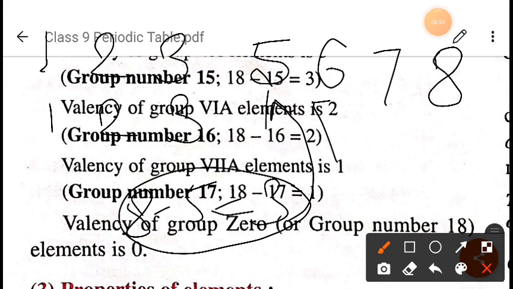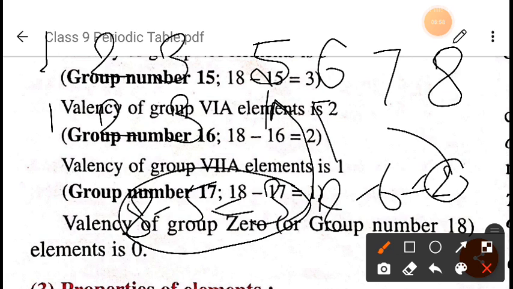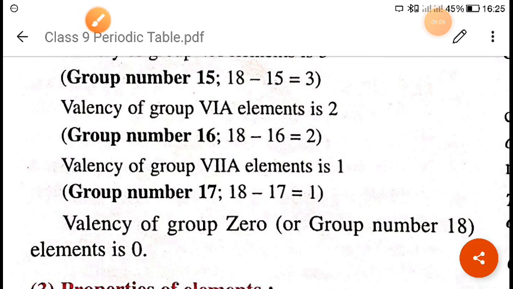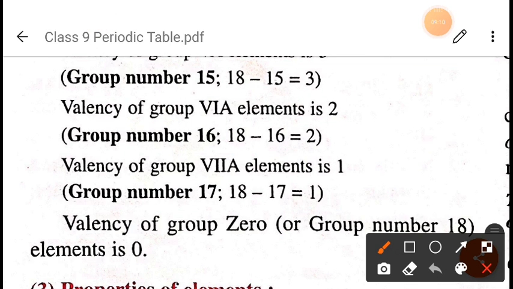For 6 it will be 8 minus 6, which is 2. For 7 it will be 8 minus 7, which is 1. And if the number of valence electrons in the outermost shell is 8, the valency will be 0. I hope you have understood this, right? If the number of electrons in the valence shell is 4, then the valency will be 4, because 8 minus 4 is 4, right?